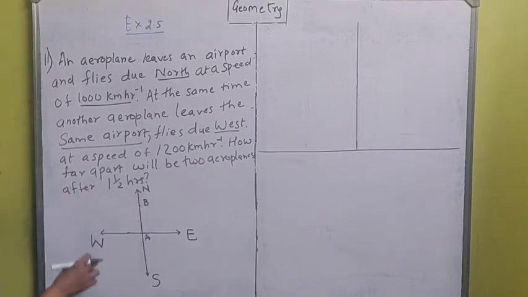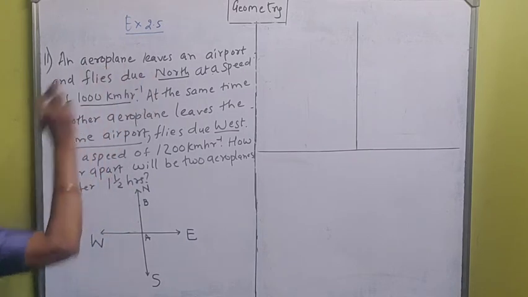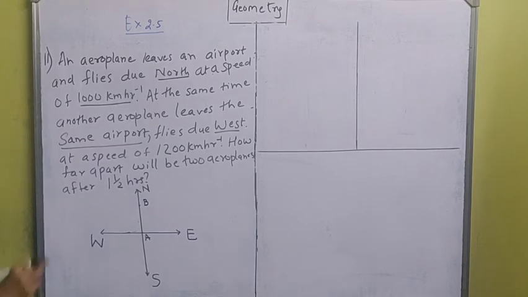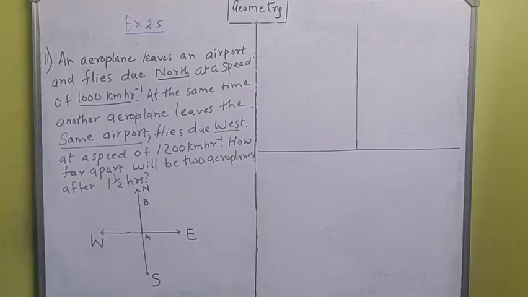So AB is the distance travelled by aeroplane 1. Then at the same time, from the same airport A, another aeroplane is flying. Which direction is it? It flies towards the west direction.